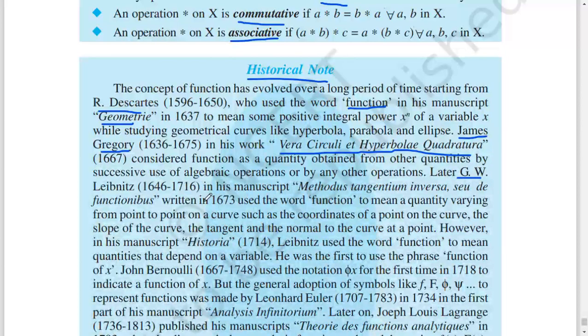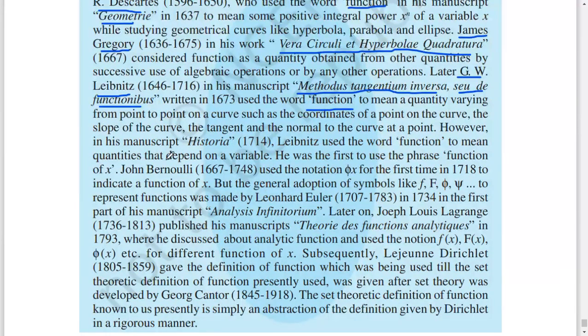Later, G. W. Leibniz, 1646 to 1716, in his manuscript Methodus Tangentium Inversa Seu de Functionibus, written in 1673, used the word function to mean a quantity varying from point to point on a curve, such as the coordinates of a point on the curve, the slope of the curve, the tangent, and the normal to the curve at a point.